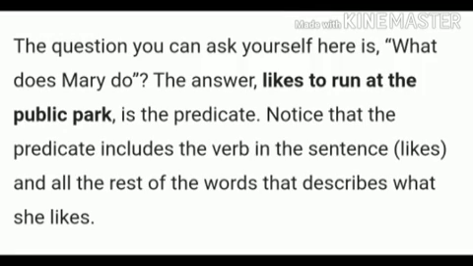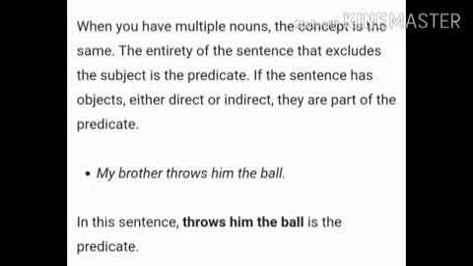Notice that the predicate includes the verb in the sentence, likes, and all the rest of the words that describe what she likes. When you have multiple nouns, the concept is the same.